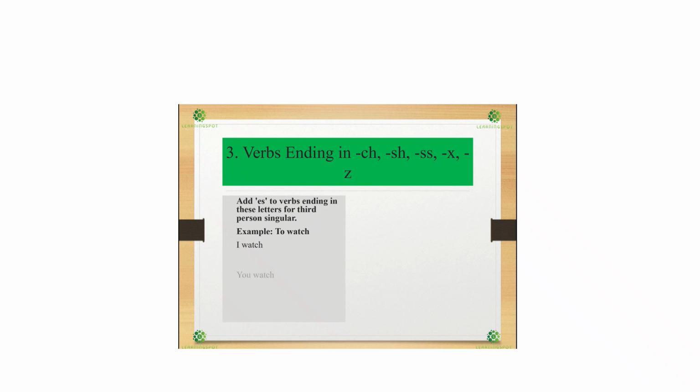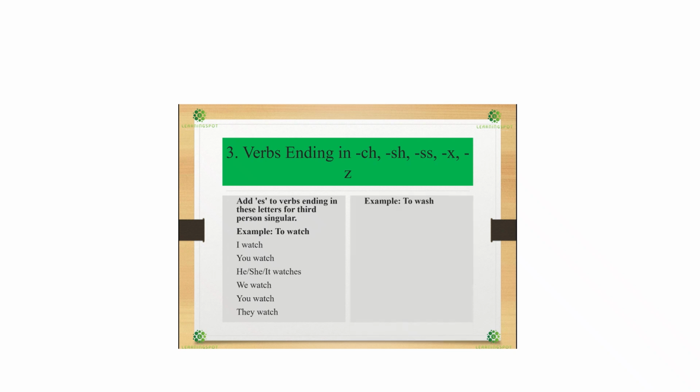You watch a match. He watches, it watches, she watches. You see, we are adding es on he, she, it. We watch, you watch, they watch. Very simple. Let's go to another example.